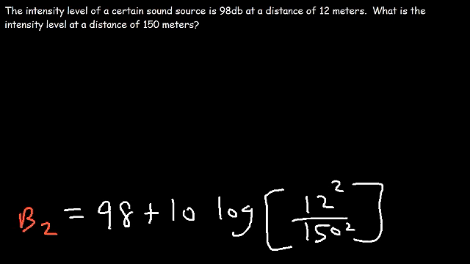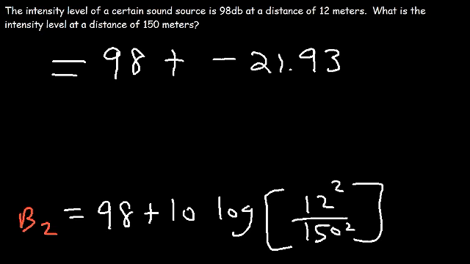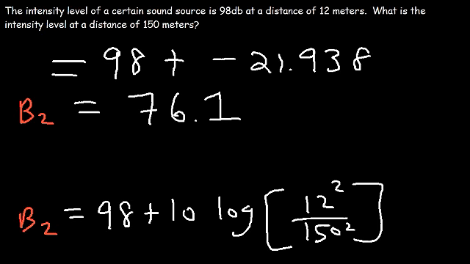So if you type this in your calculator, log of 12 squared divided by 150 squared is about negative 2.1938, times 10. So we have b2, which is going to be 98 plus negative 21.938. So if we combine those two numbers, you should get 76 point, well, let's round this to 76.1.